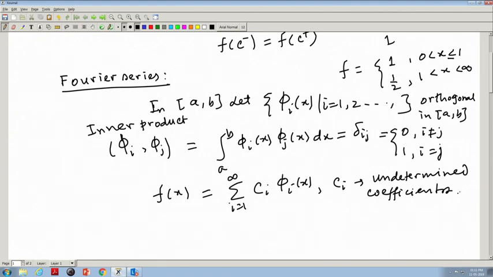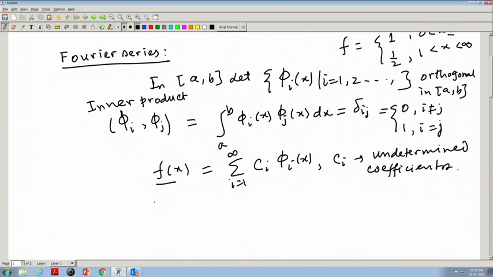What is the advantage of this expansion? If f(x) has a jump discontinuity, it may not be differentiable, but the series is well-behaved, because phi_i(x) can be smooth, differentiable functions. So, I can express f(x) in terms of a series of differentiable functions. That is the advantage.